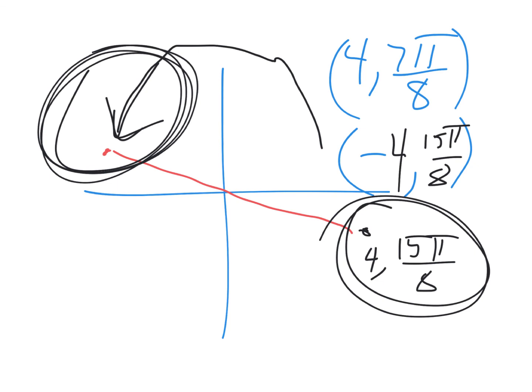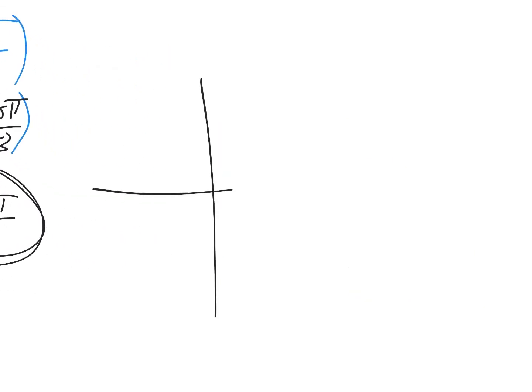Okay, and one last skill is if I give you these rectangular coordinates, 2 comma, let me think, square root of 3. That's rectangular. Graph it and figure out what the polar would be.